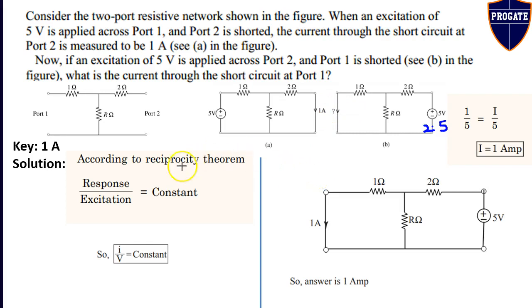Reciprocity theorem is applicable only for linear bilateral passive networks, so clearly, because the network is linear, the excitation is divided by 2, the new excitation value is 2.5 volts, and hence the response will also be divided by 2, that is 1 divided by 2, which is 0.5 ampere. As the excitation is halved, the response is also halved because it is a linear network. Thank you.